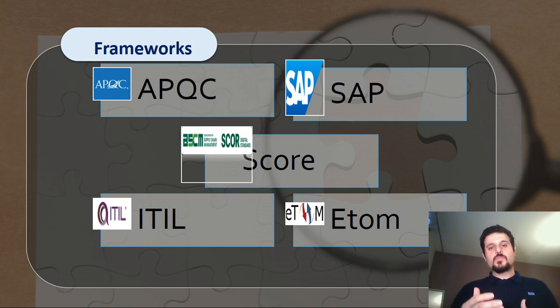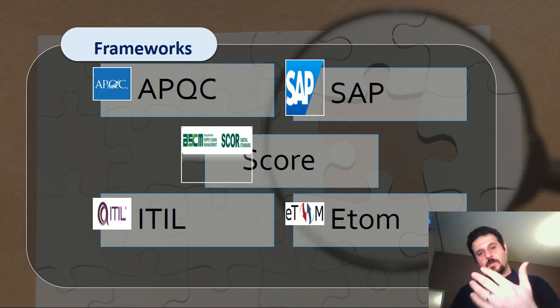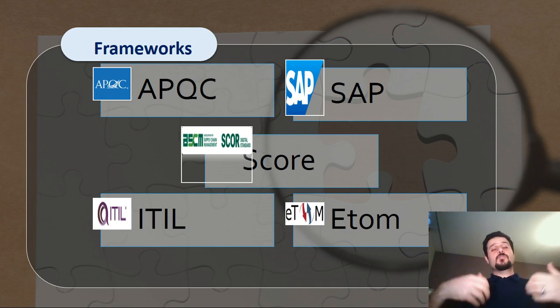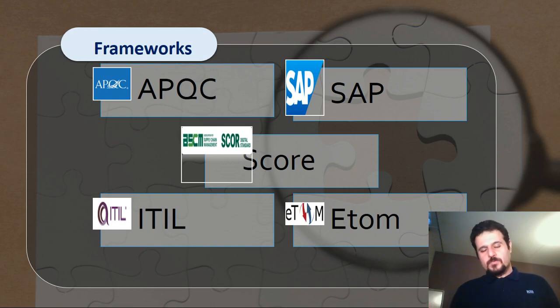You can find which industry you need, and after that you can go deeper and deeper, layer by layer, to find your specific industry and compare with yourself. You should consider that if you are a very huge company, probably SAP is better, or if you are a huge company or middle-sized company, APQC can be better. As I know, global companies have moved from APQC to the SAP framework.